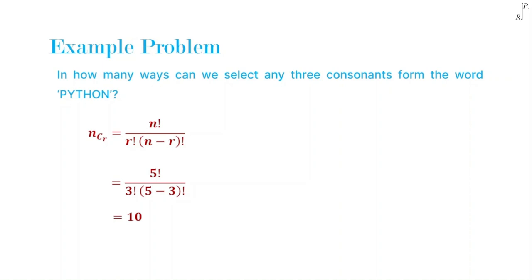So, we have 10 ways in which we can select any 3 consonants out of 5 consonants in this 6-letter word. This was all about permutations and combinations that we need to know. With this approach, we can solve any related problem.